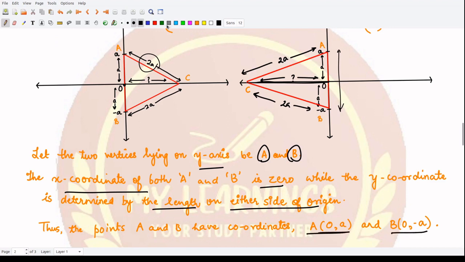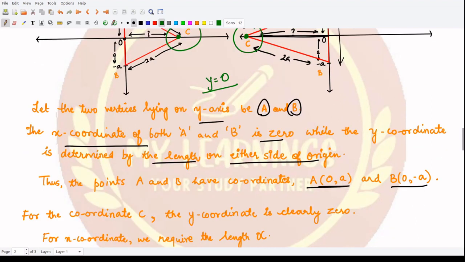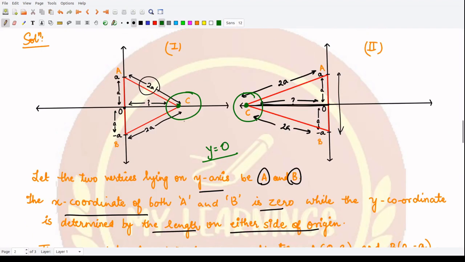Now in order to determine the coordinates for the point C, what do you require? Your point C lies on the x-axis, so no distance in the y direction has been traveled. So the y coordinate is clearly 0 for the point C, either in the first case or in the second case. Now the remaining part is to calculate the x coordinate.